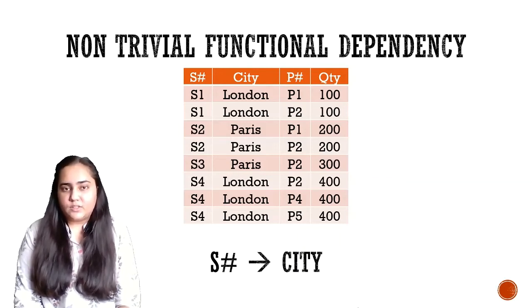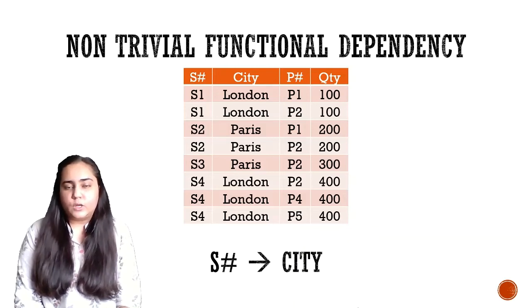If S1 was located not just in London but also in Paris, then this dependency would not exist. This exists only because S1 is only located in London, S2 only in Paris, S3 only in Paris, and S4 only in London. So it's a many-to-one relationship from S hash to city.